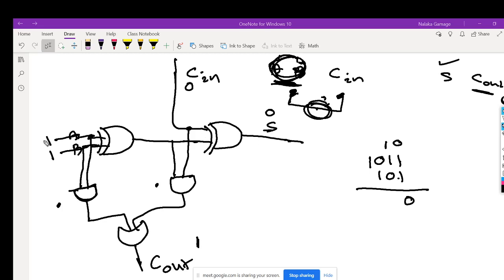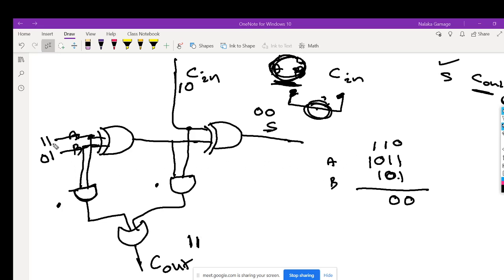Then your A will be 1, B will be 0. Assume this is your A, B. Now your carry in is 1. Now again your sum is going to be 0, your carry is going to be 1. Now again you will be adding the numbers.